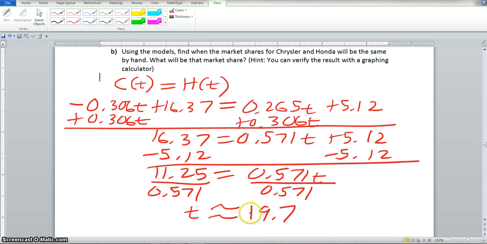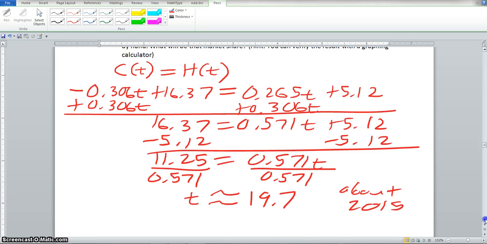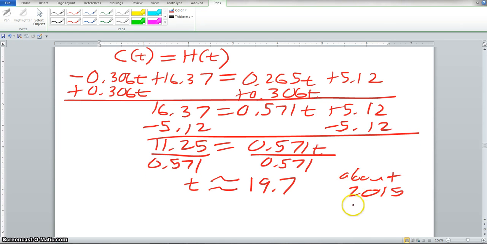So if we have 1995 plus 19.7, our answer will be about 2015. Now you could put about 2015, or you could put the end of 2014, that they would be the same.